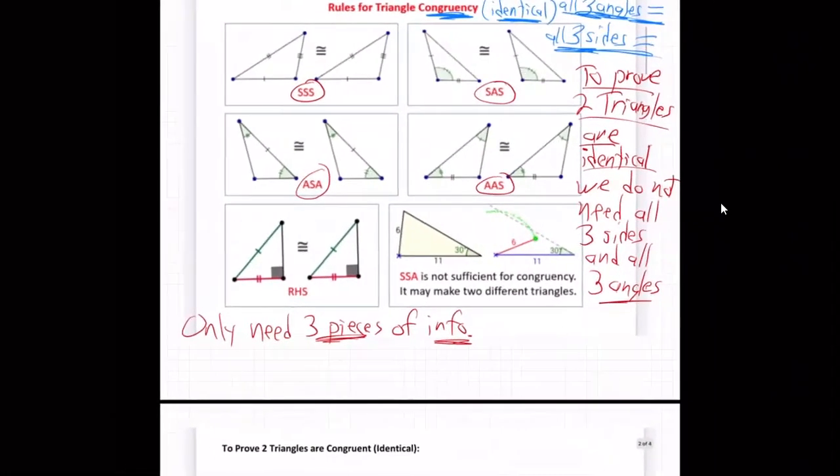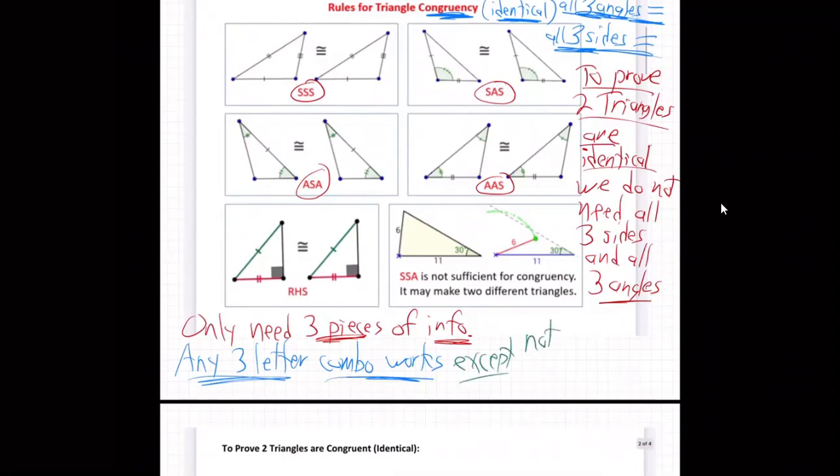And it turns out that any 3-letter combo works, except there are 2 exceptions: not AAA.